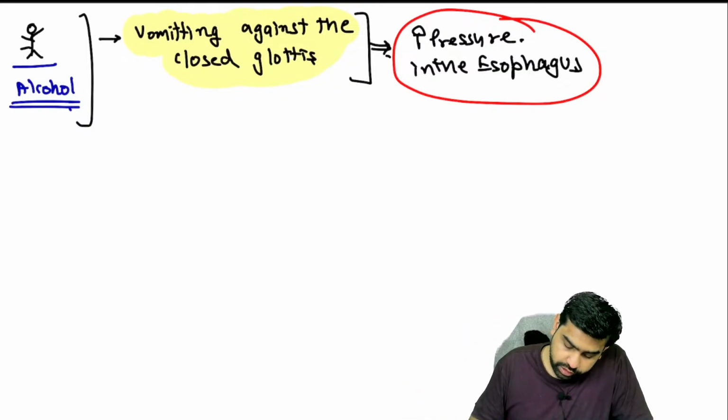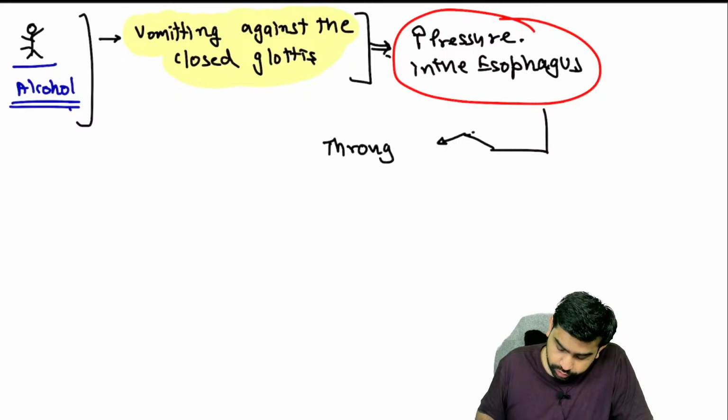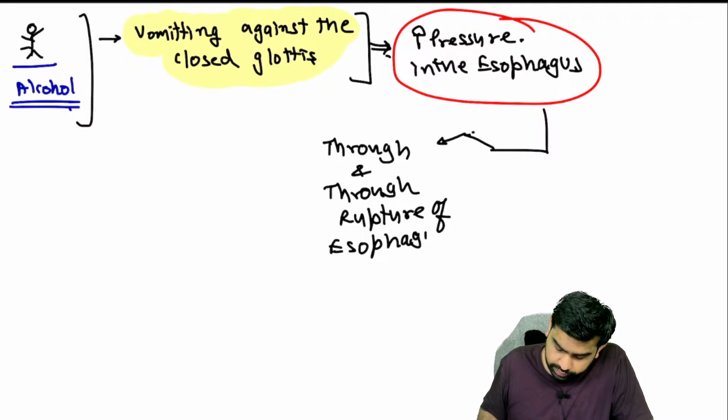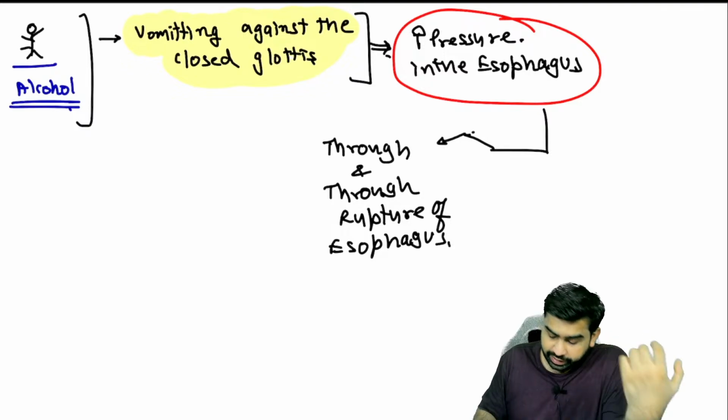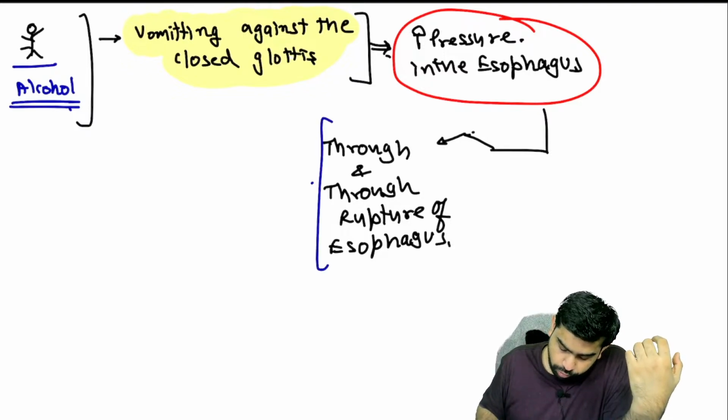If it leads to a through and through rupture of the esophagus, meaning the esophagus is completely ruptured, that is what is referred to as Boerhaave syndrome.